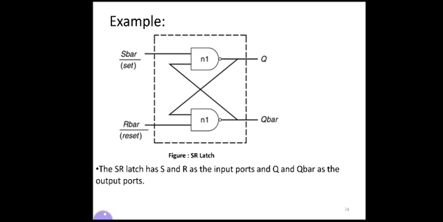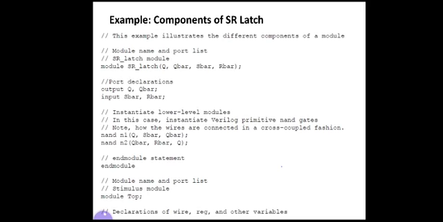S bar and R bar are the input ports, Q and Q bar are the output ports. The cross connection goes from Q to N2 input and Q bar to N1 input. So this is the figure of the SR latch.